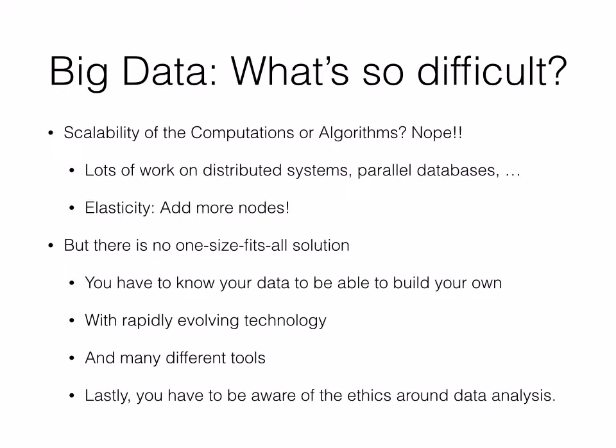It doesn't matter. The grass will still continue to grow, and grow in new places and new ways that you didn't imagine. So nature always wins, right? And that's kind of the thing with human behavior as representative of nature, right? So there's no one-size-fits-all solution. You have to know your data to be able to build your own advanced analytics. And with rapidly evolving technology and many different tools, this is difficult.